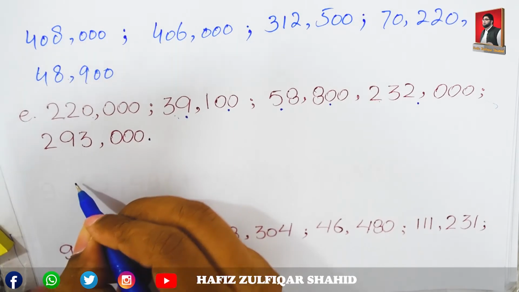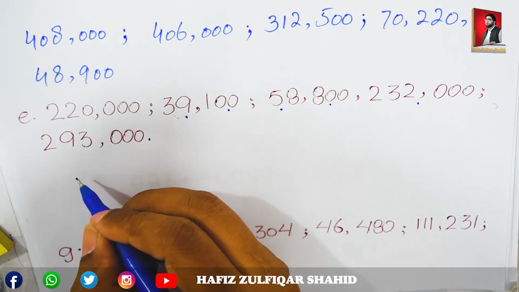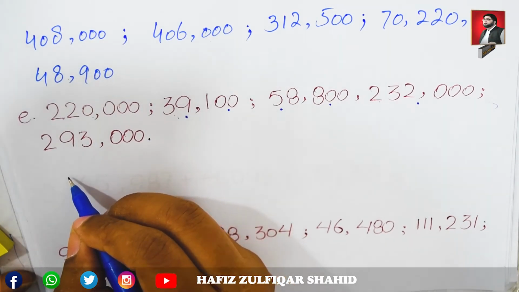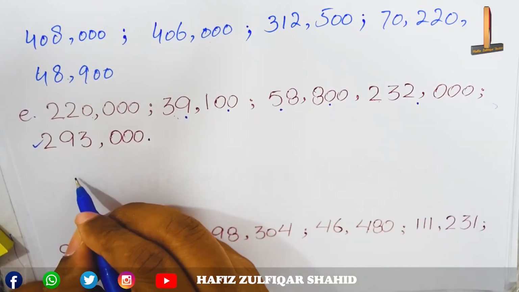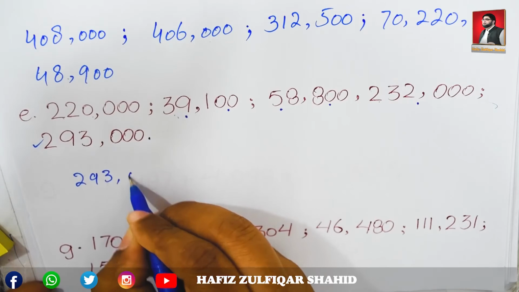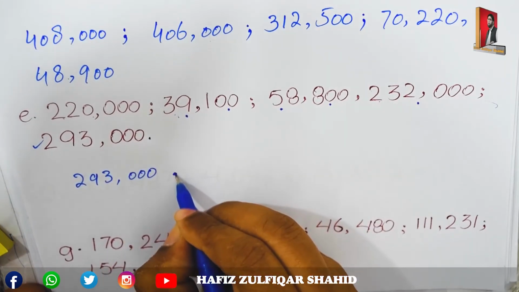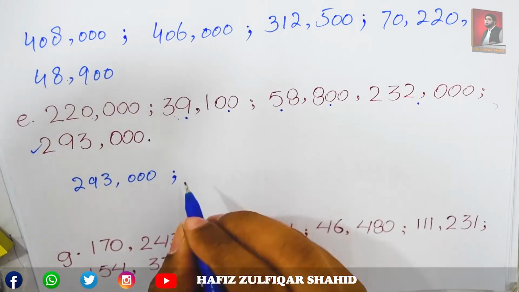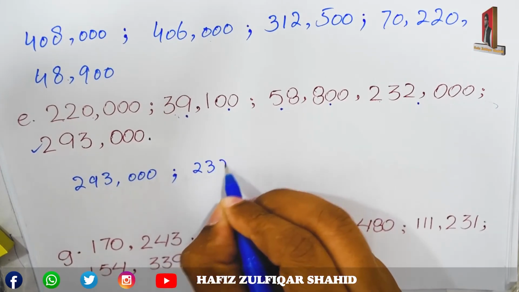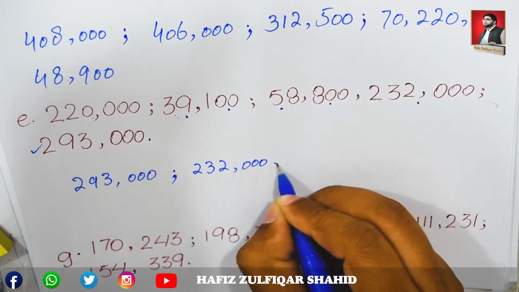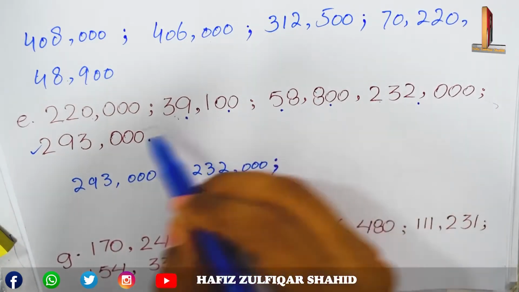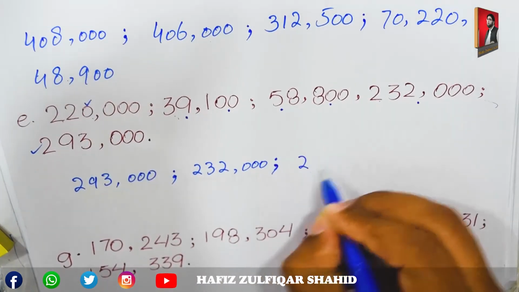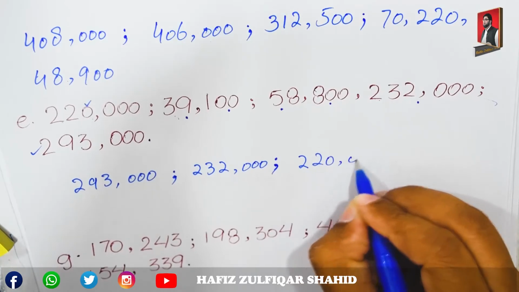Write down the greatest value first, or the largest value first. And here we have the largest one, 293,000. Second largest is 232,000. Now pick the third largest one, and it is 220,000.